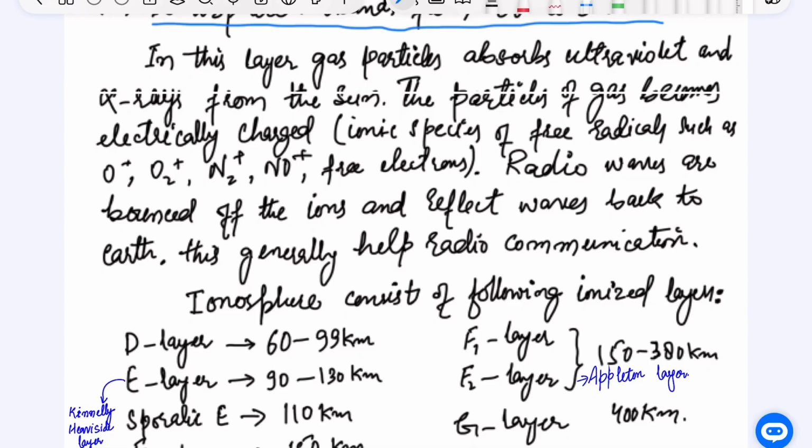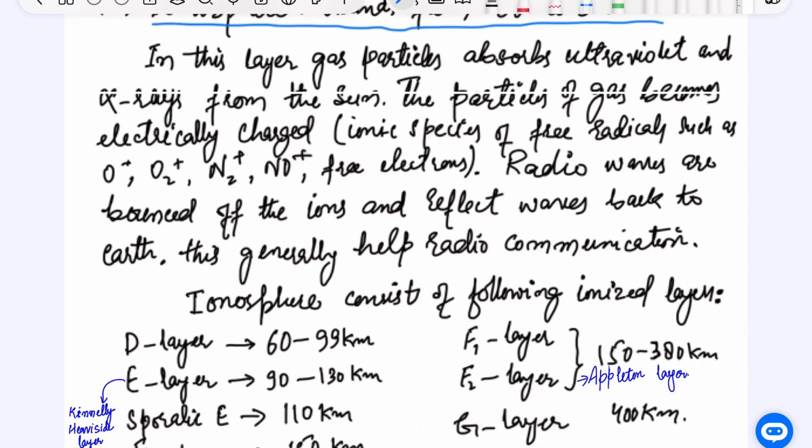And the third is the F layer, which is about 150 to 380 or 400 kilometers. The F2 layer is also called the Appleton layer. And then finally, some books write that there is also a G layer.